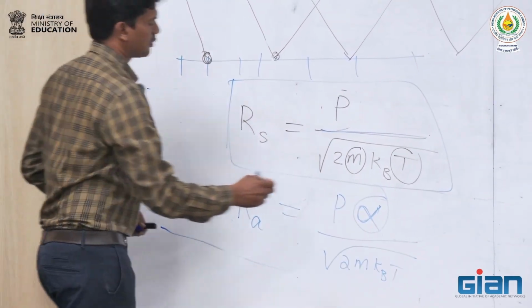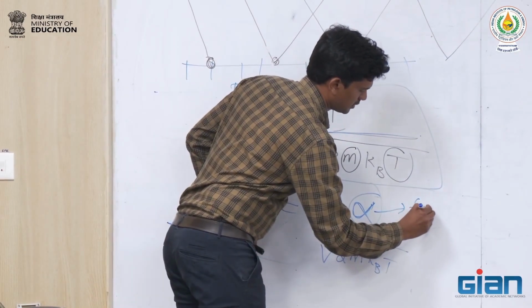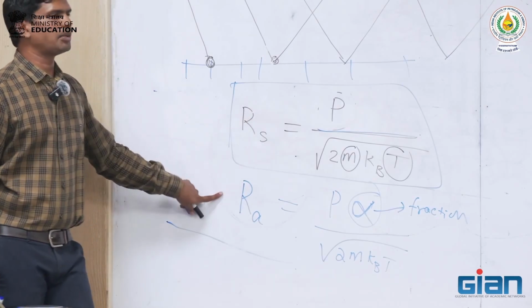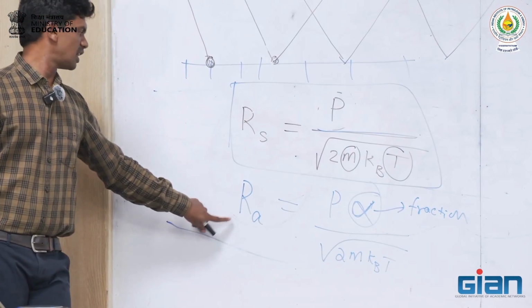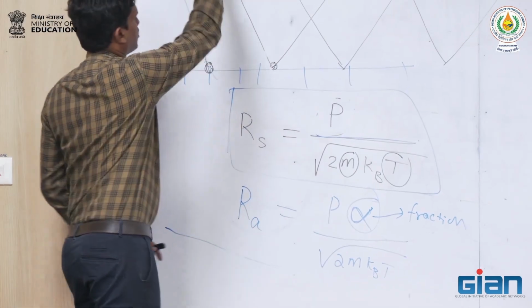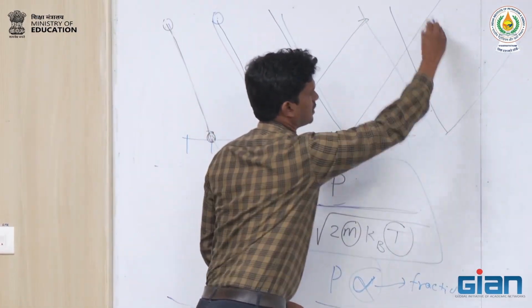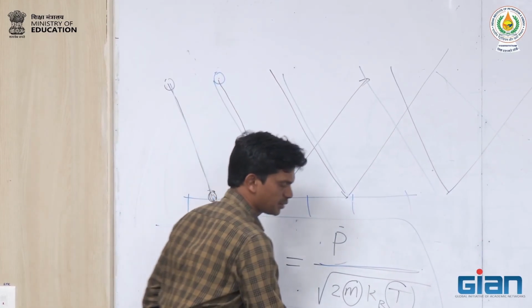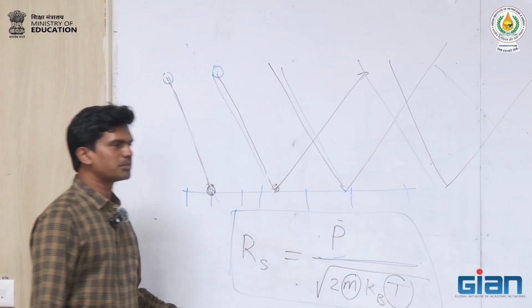So that's why RS is replaced by RA. This is called the rate of adsorption. That means that 10 molecules are colliding with the surface. Out of 10, only 20% is adsorbing. That alpha is 0.2. So this becomes the rate of adsorption.